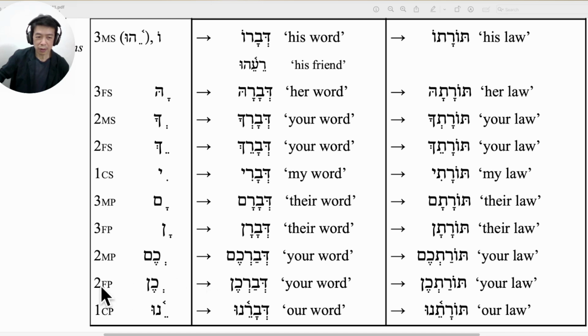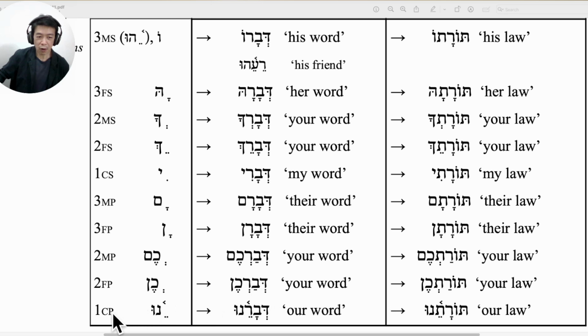For second person feminine plural, chen is added to the end of the word. So your word becomes Devarchen. Your law becomes Toratchen.